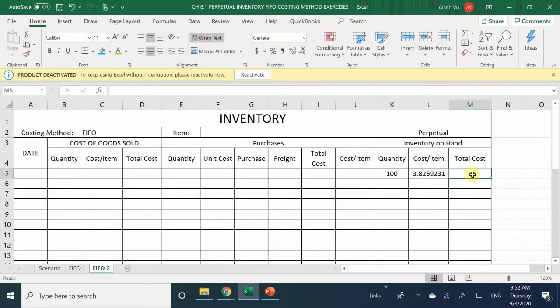And I know that just by multiplying them across, a simple formula, I know I need to be at the end of the day at $362 and 69 cents. Okay. All right.